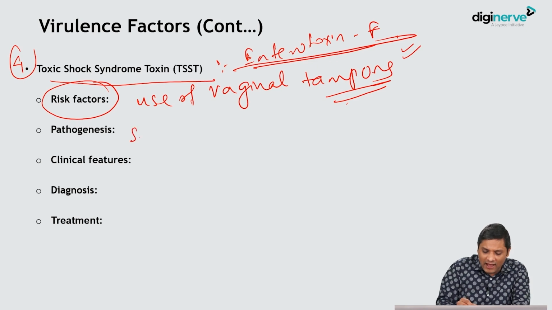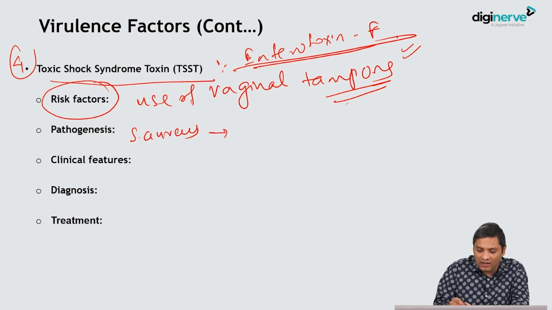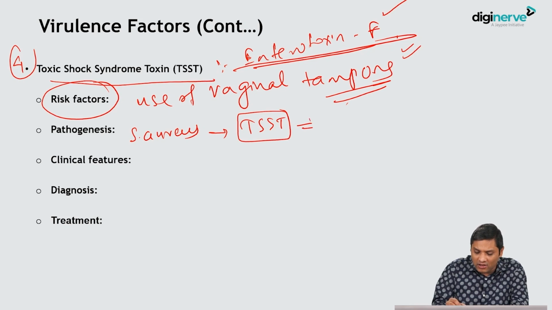They say that the Staph aureus present in the vaginal flora will start secreting the toxic shock syndrome toxin, or enterotoxin F, and this toxin is an example of a superantigen.